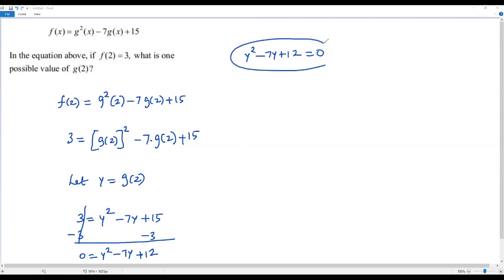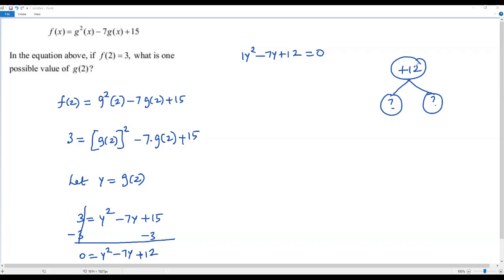Okay, now let's try to solve this quadratic equation by factoring. For that, we have to multiply the constant term positive 12 by the coefficient of y squared. In this case, it's 1. When I multiply positive 12 by 1, I'm still getting positive 12. Now I have to get two factors so that the product of the two factors equals positive 12, and when I add these two factors, it must equal the coefficient of y, that is negative 7.